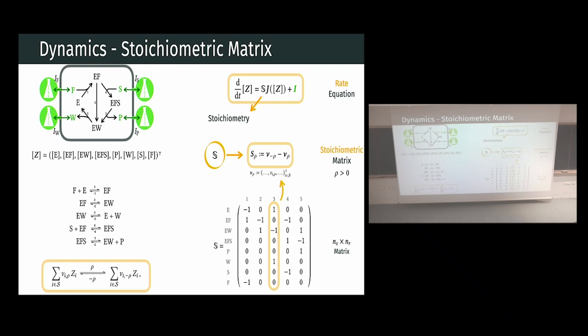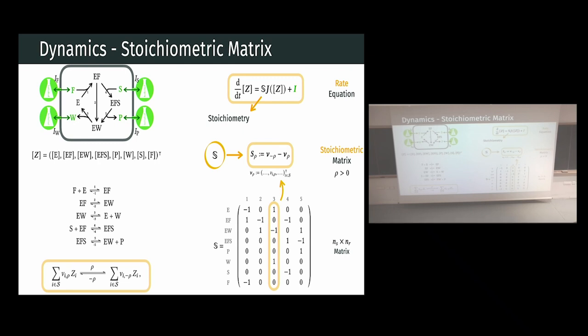Let me give you an example. Let's look at the example we have here, and we look at reaction 3. Reaction 3 converts EW, the complex of enzyme and waste, into E plus W. If we look at the column of the stoichiometric matrix corresponding to reaction 3, we have -1 for EW, right?